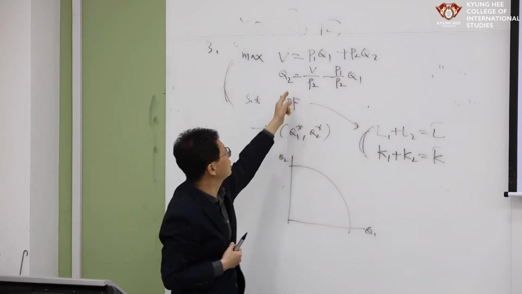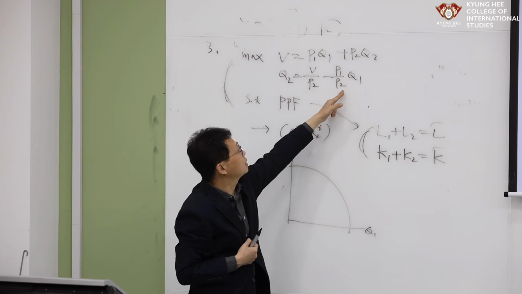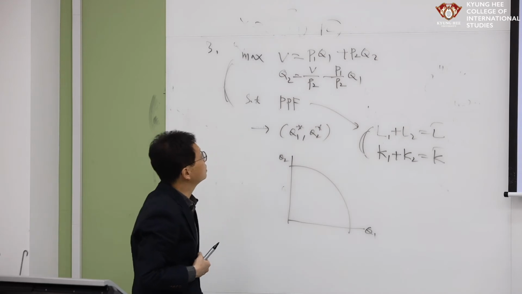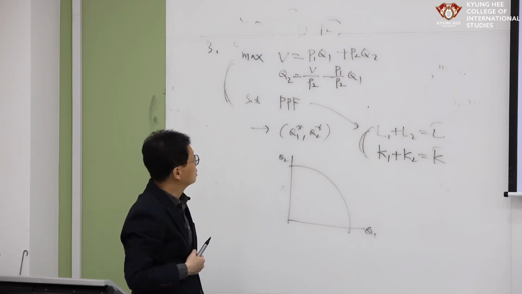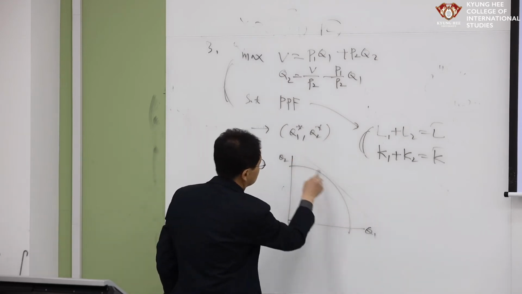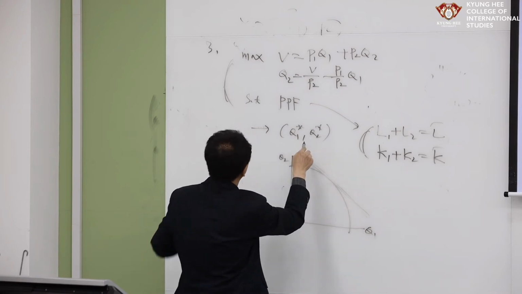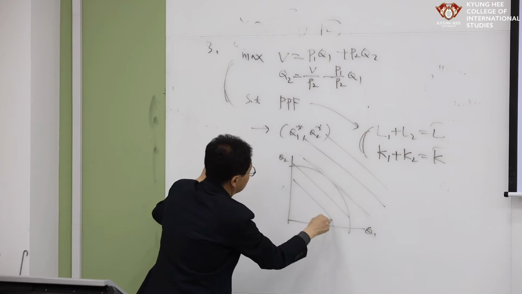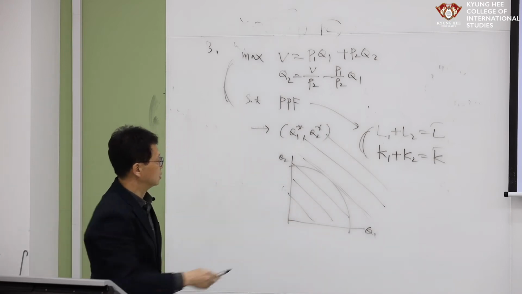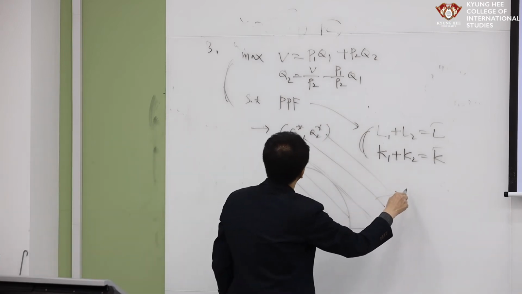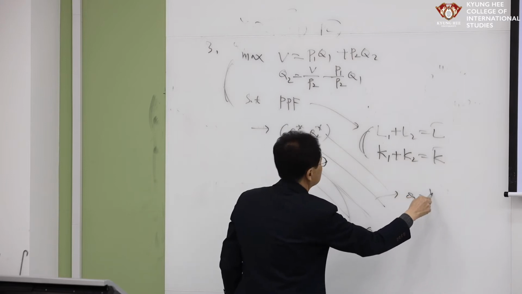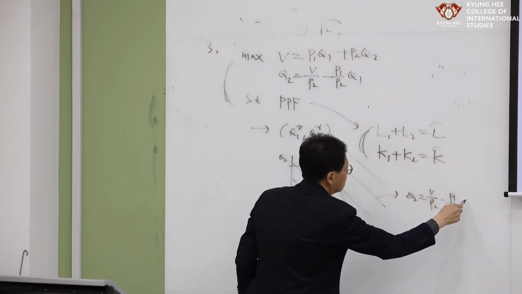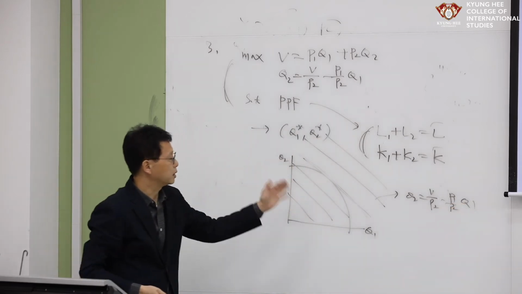And the changing rate is minus P1 over P2. The slope is P1 over P2. So the iso value line is shaped like this. Higher value, higher line like this. Anyway, we can draw lots of iso value lines like this. This one is Q2 equals V over P2 minus P1 over P2 times Q1. That is the iso value line.